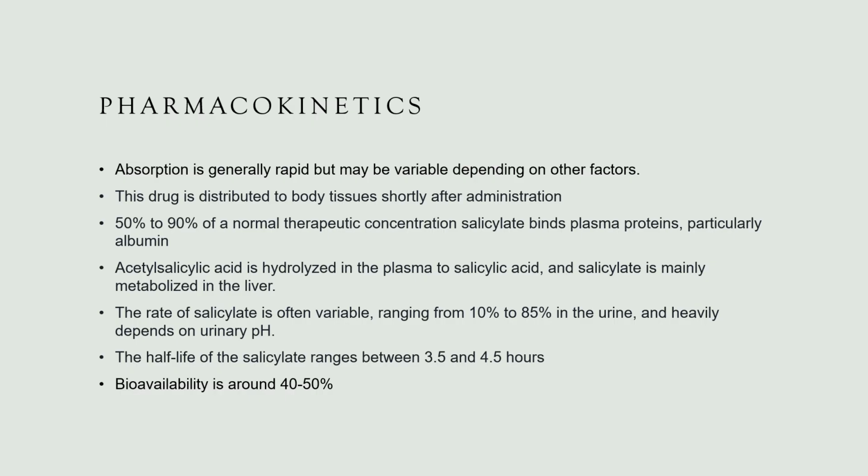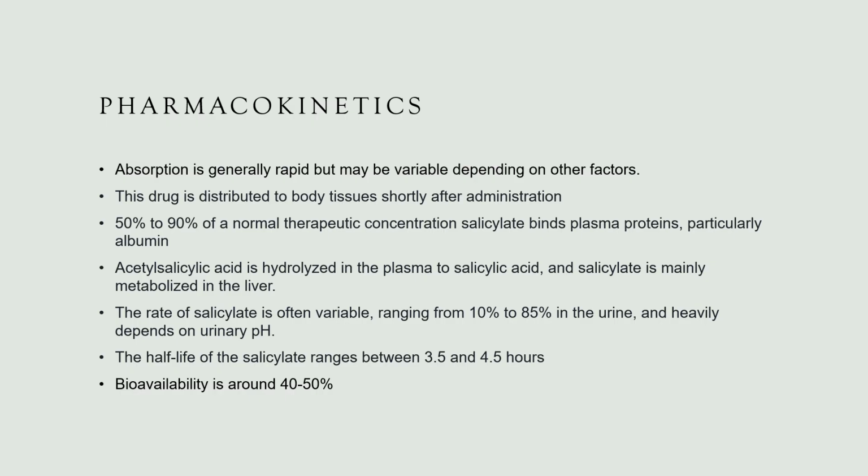The major metabolites of acetylsalicylic acid are salicylic acid, salicyluric acid, the ether or phenolic glucuronide, and the ester or acyl glucuronide. A small portion is converted to gentisic acid and other hydroxybenzoic acids.